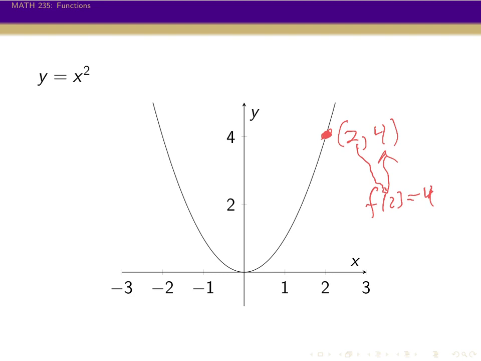Okay. If we were to plug -1 in, well, the graph goes through (-1, 1). And so that's telling us that if we plug -1 into the function, it's going to spit out 1.